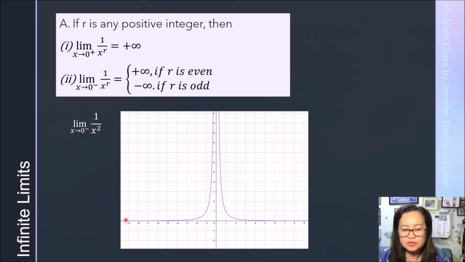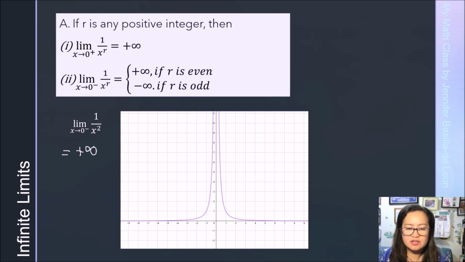Okay, so we trace this graph. Now, as the value of x approaches 0 from the left, the value of the function increases without bound. So we will have positive infinity.